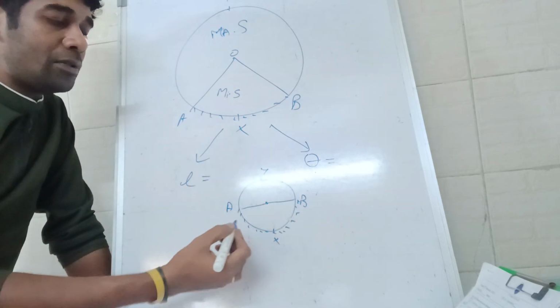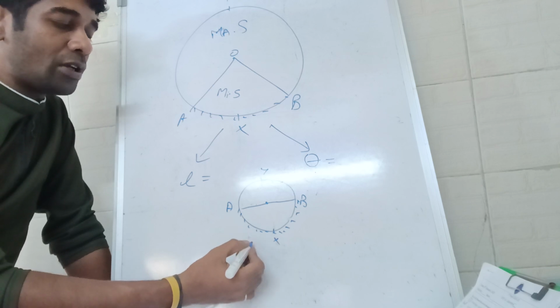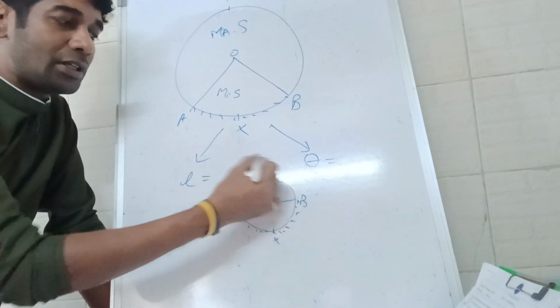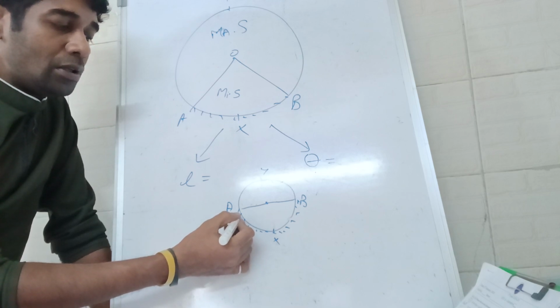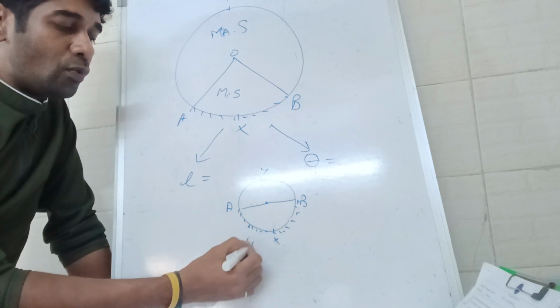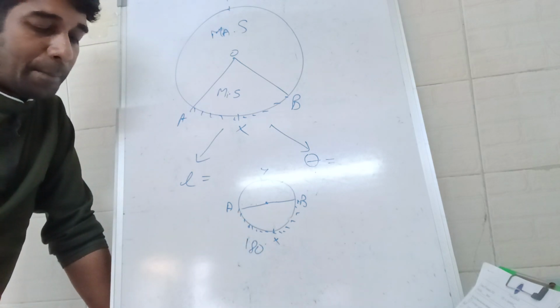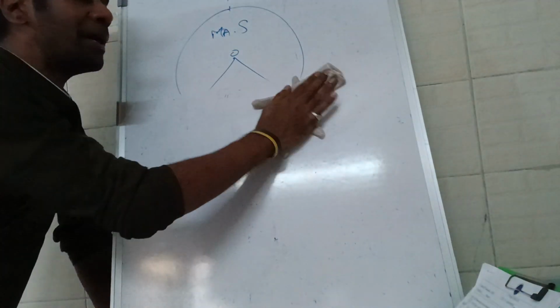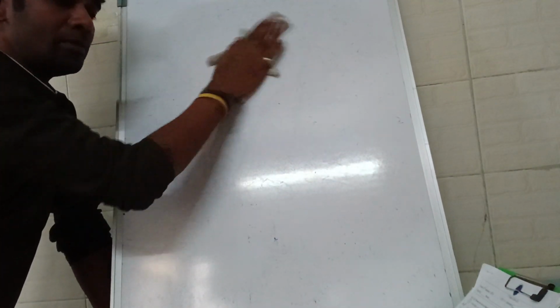The measure of the arc of a circle is 360 degrees, so the semicircular arc will be 180 degrees, which is neither minor nor major.